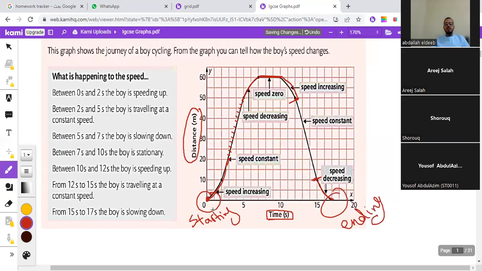Sir, how is the curve next to the straight line speed increasing? Yes, because you know, Yashruk, in this part, from 0 to 7, this is the starting journey.